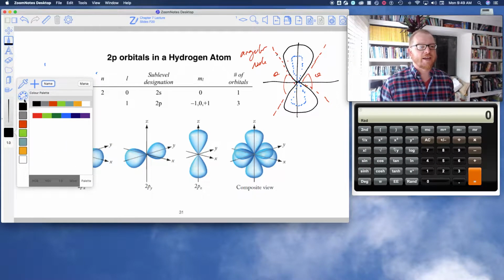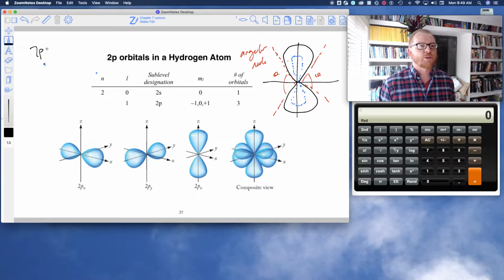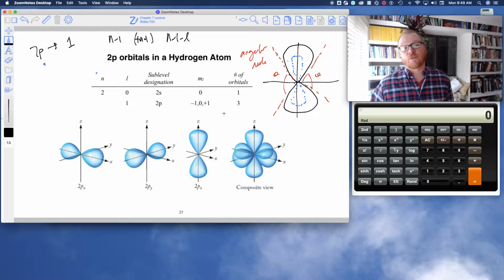For 2p, we recognize the total nodes will be 1, because it's always n minus 1 for the total, and n minus 1 minus L for the radial. So for 2p, that's 1 total node.